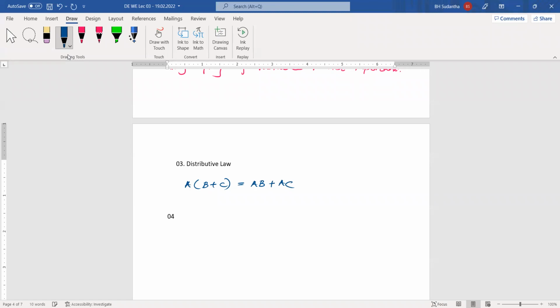The fourth one is De Morgan's theorem. It also has two parts.